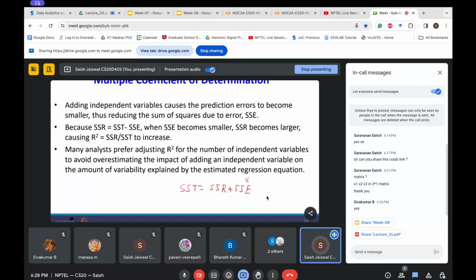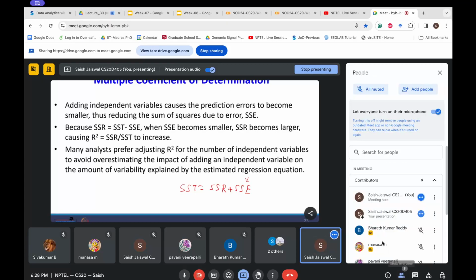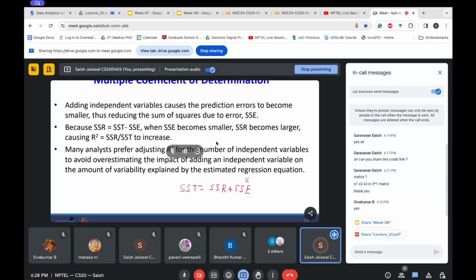You can answer in the chat or just unmute yourself and answer. Yes. What values can r square take? Anyone? It's okay if you make mistakes, we'll revise it if you forgot it, but yeah, just try to answer.